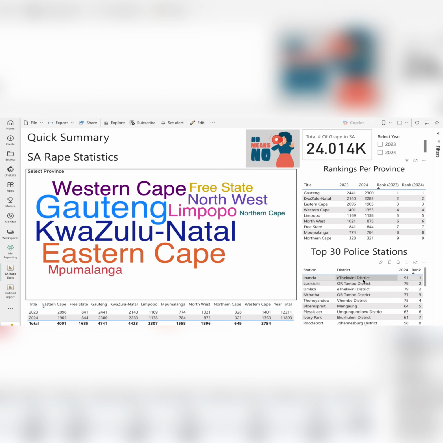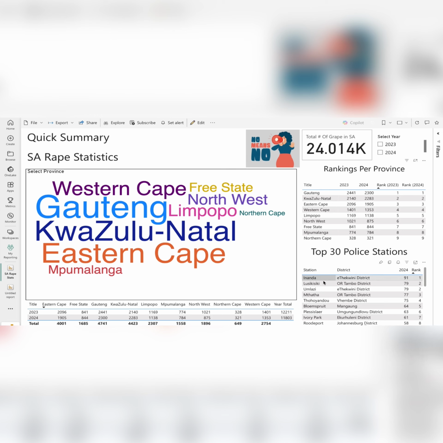Inanda's in eThekwini district, and we're basically saying here Inanda is number 1 in eThekwini district, but not just number 1 in eThekwini district. This is actually a national ranking. This is actually the top 30 police stations within the nation, because you're combining all provinces, and that's national.